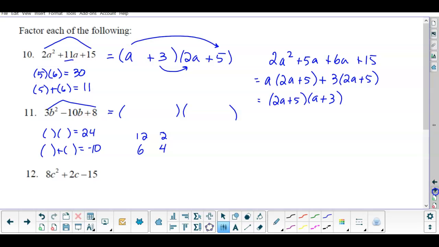So the signs are really important, right? It has to multiply to 24. So these would have to be both positive or both negative. So that's not going to work, right? That's going to work. That's not my constant term. That's what I get from my outside and my inside. Okay?